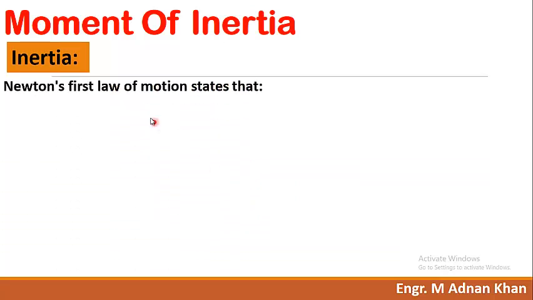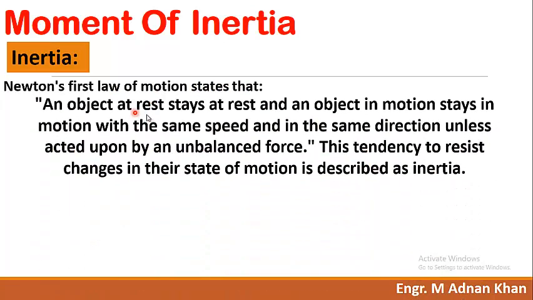As Newton's first law of motion states, an object at rest stays at rest, and an object in motion stays in motion with the same speed and in the same direction unless acted upon by an unbalanced force. This tendency to resist changes in their state of motion is described as inertia.